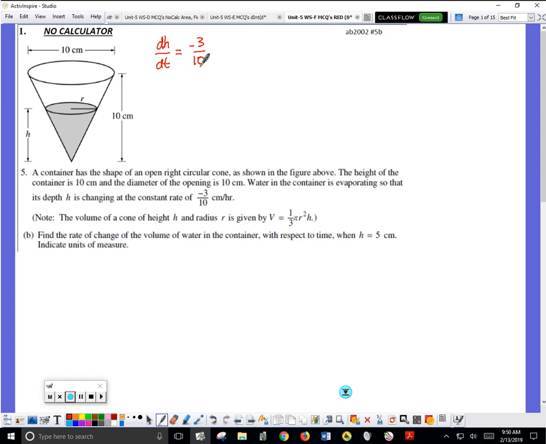So, do you need me to talk more about that? Please. Why did you put dH over dt? The words say that the height itself is changing. So the height isn't -3/10. The height is changing at this rate, and therefore the symbol dH/dt represents the rate at which the height changes.